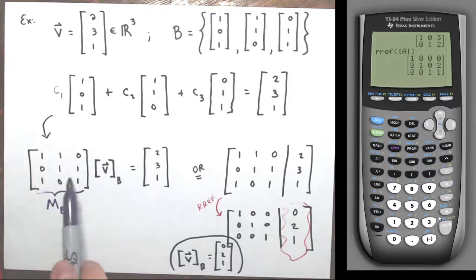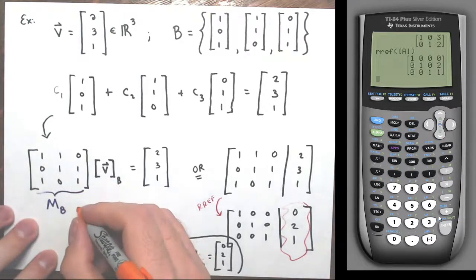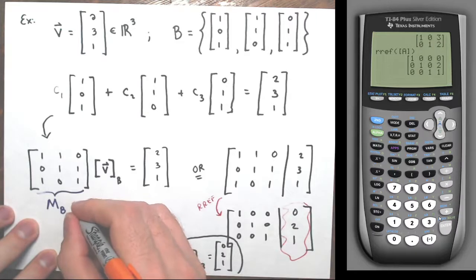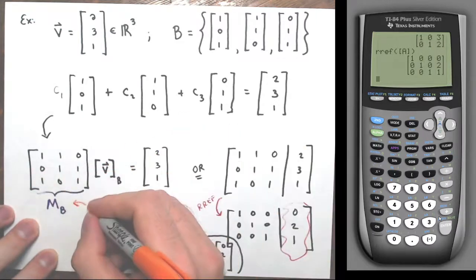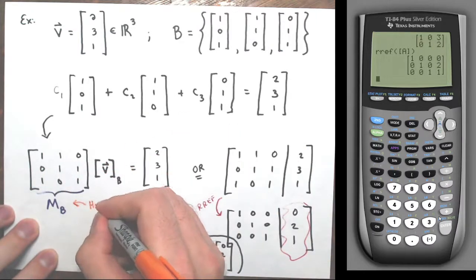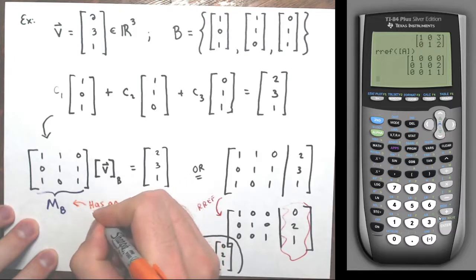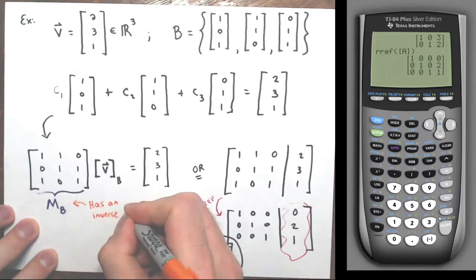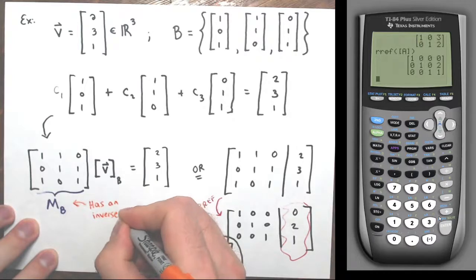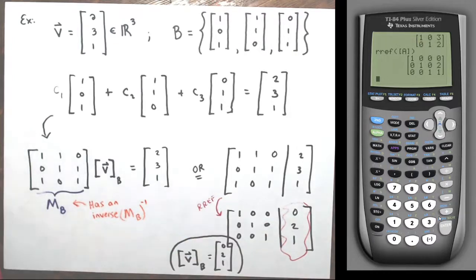Since this has a unique solution, this should have an inverse. When you set this system up and you get this coefficient matrix where the columns are the vectors of the basis, it has an inverse. So I'll call it MB with the little -1 above it, the inverse of that matrix.